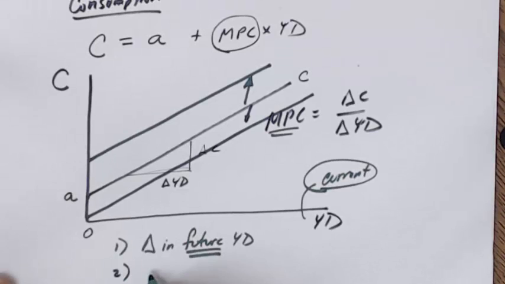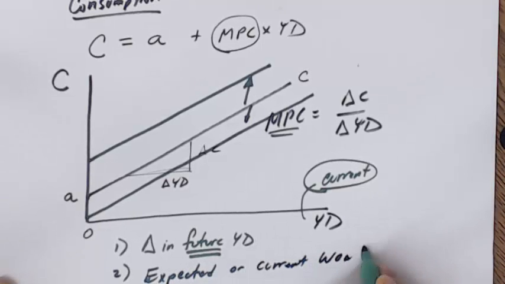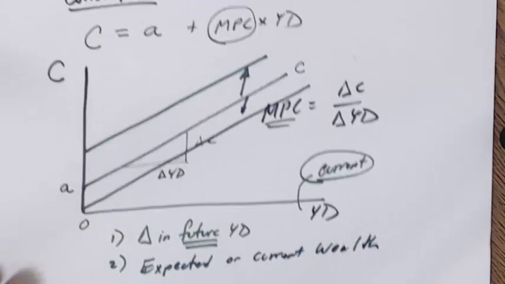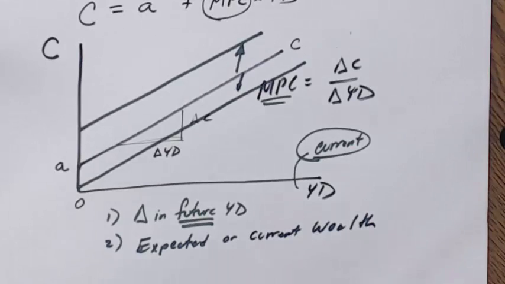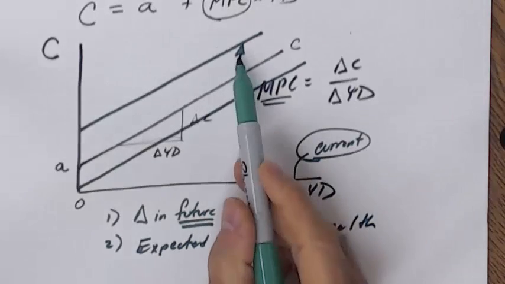The other one, and this is an important one, is expected or current wealth. If your current or expected wealth increases, your consumption is going to go up.